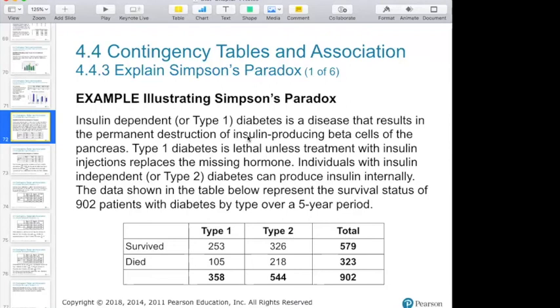So they've got permanent destruction, that's type 1, and then we've got type 2 who can produce insulin, but they're still insulin dependent. So we've got people with different types of diabetes and their survival. And we have our marginal distribution on this one.